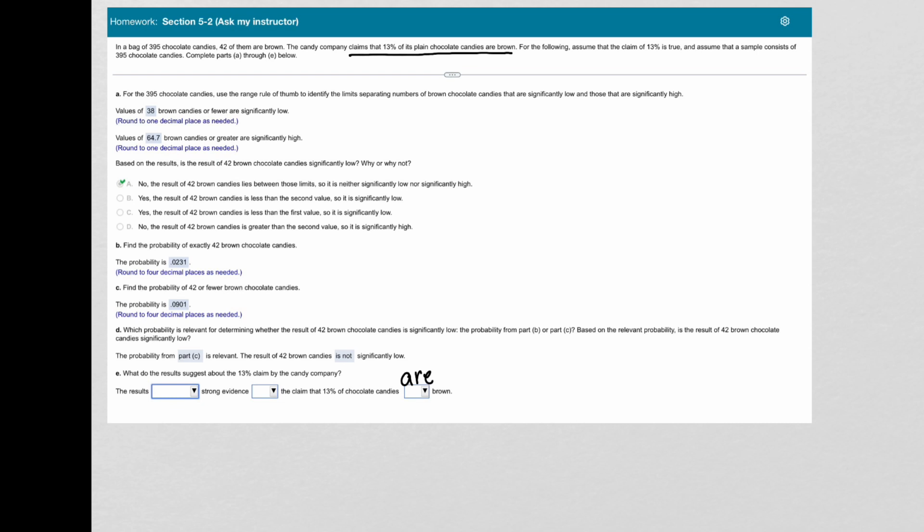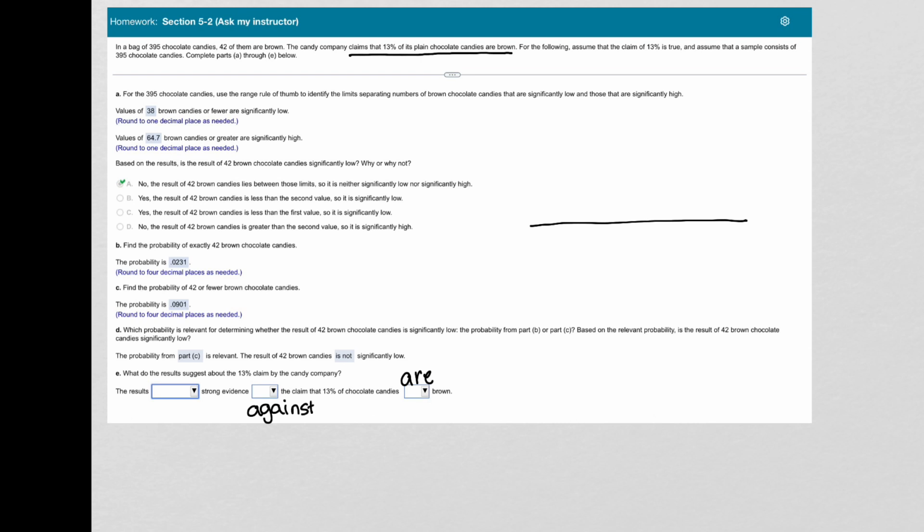And then what evidence do we have in favor of this? So when we make a claim that a value, a proportion in this particular case, is equal to some number, then we are going to make a statement about whether the results provide strong evidence against the claim or do not provide strong evidence against the claim. So we're going to use the word against.